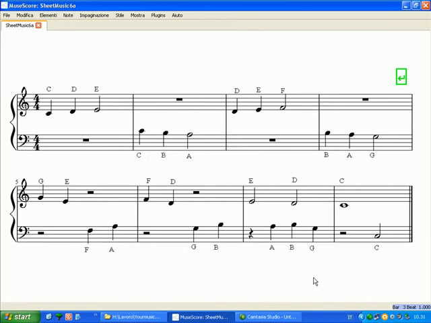So the right way is not to write the names above the notes, but to learn to read them in a different way, without writing them, of course.